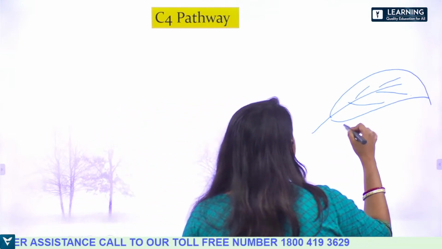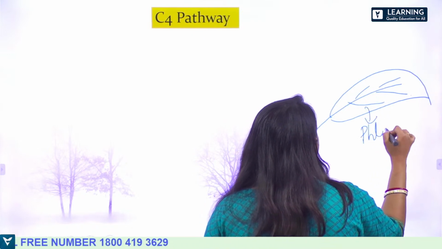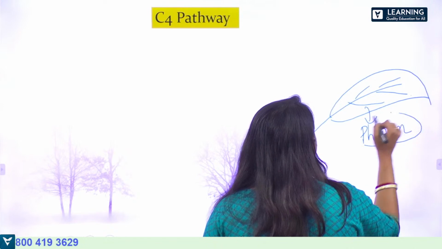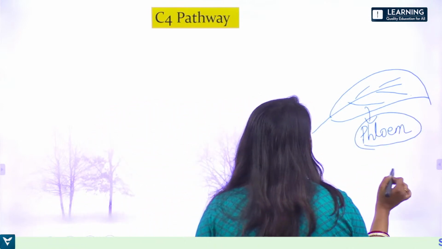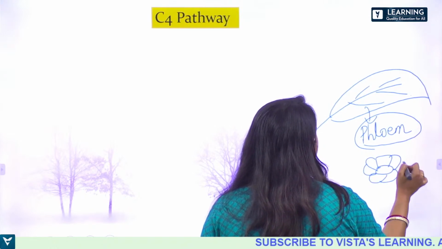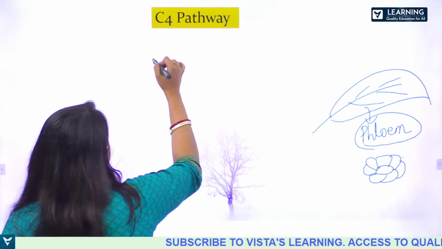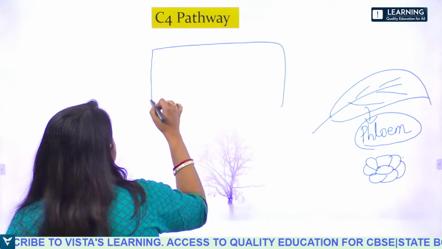When you look in the leaf, what will be present? Phloem will be present, and the phloem will have various cells. Next, see here that it is taking place in two cells.